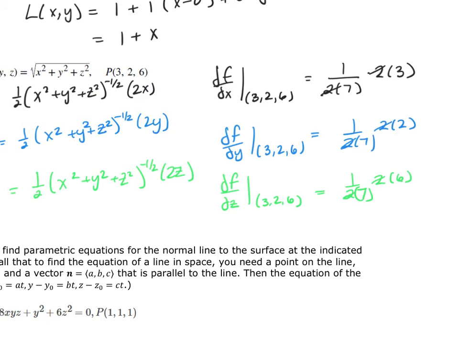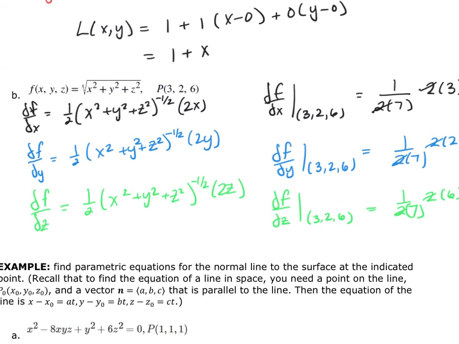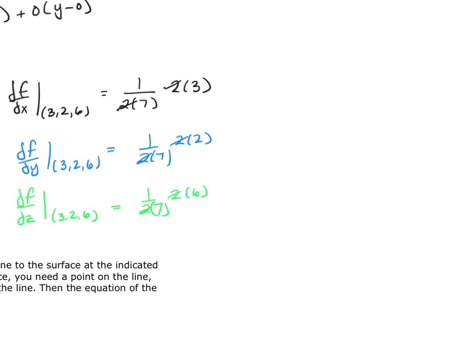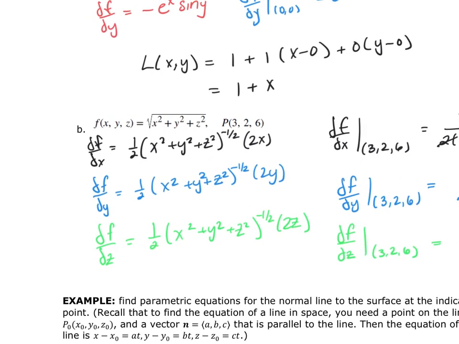So now that we've found all of the evaluations, all we have to do is put it in the right form. My form is going to be first my output. So I have to figure out what my output is. When I put in 3, 2, and 6 into my original function, my output is going to be 7.